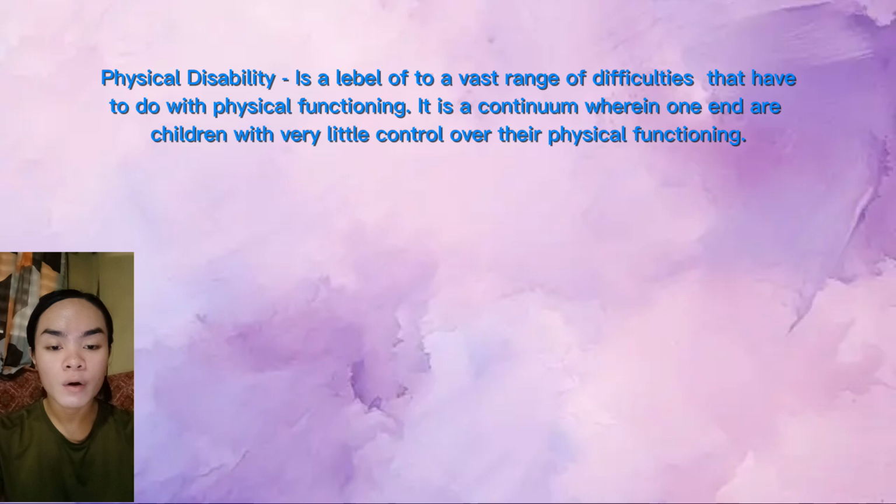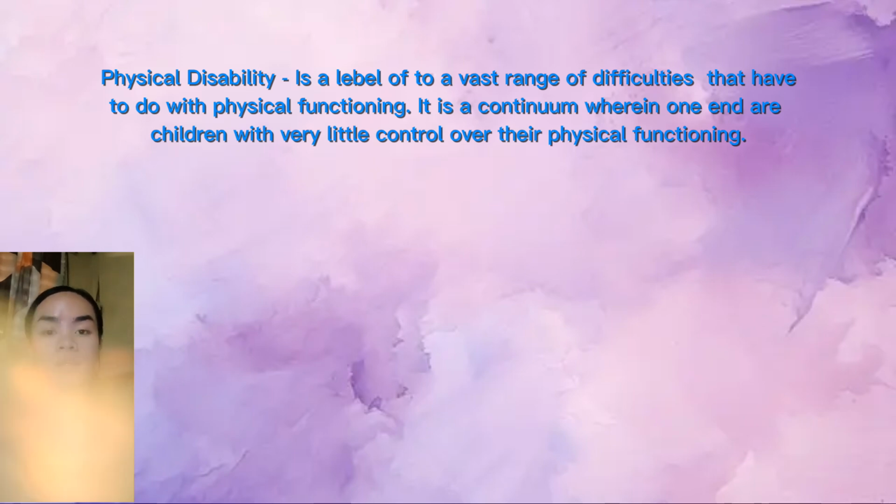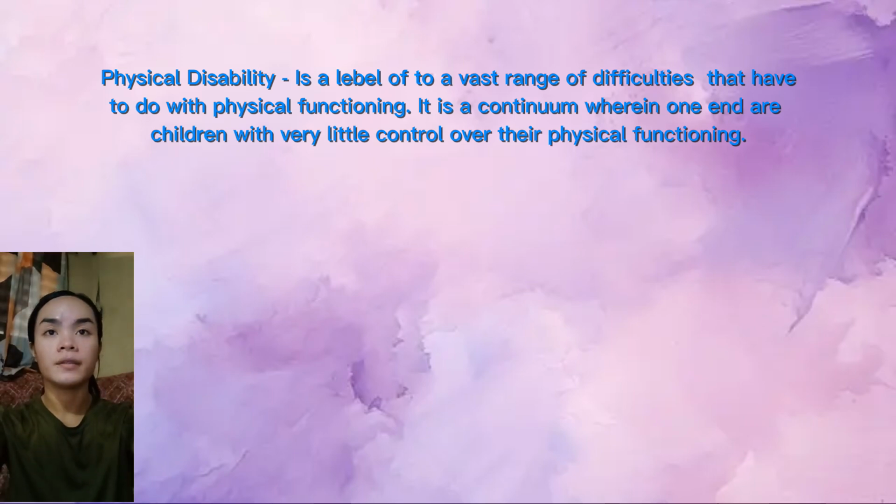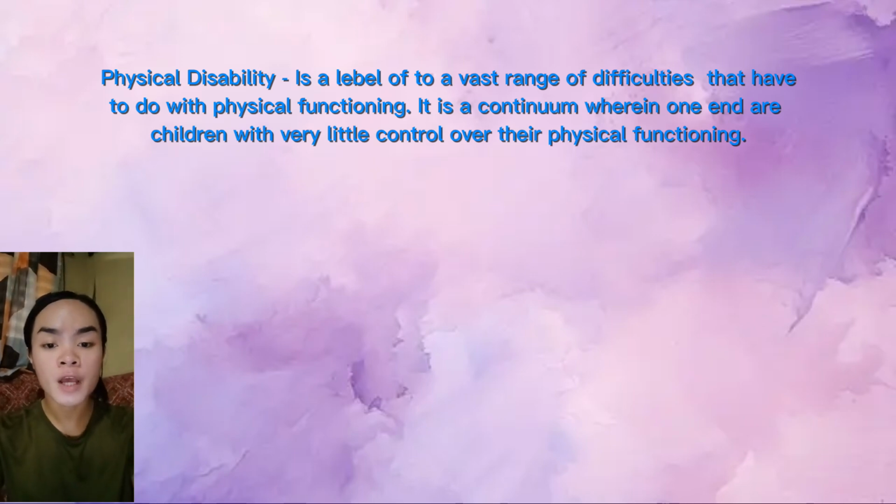Physical disability or orthopedic impairment could be caused by congenital anomaly, including club foot, impairments caused by disease such as bone tuberculosis, and impairments from other causes such as cerebral palsy, amputation, and fractures or burns.